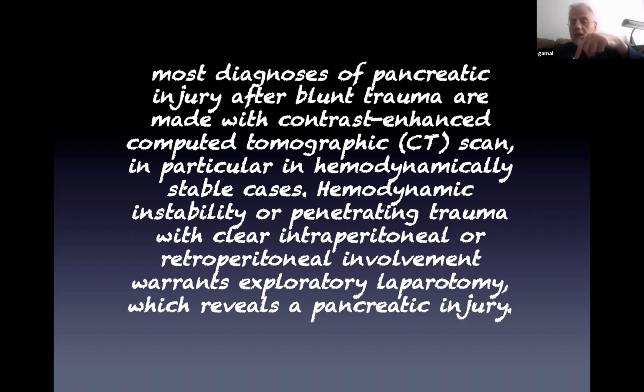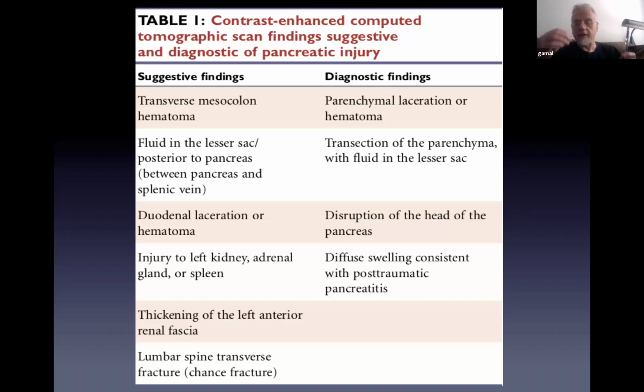Unstable patient and penetrating trauma, operating room. These are the two methods that we're going to use to make this diagnosis. As we talked with Omar, there's a table here with what we can see on a CAT scan to make the diagnosis. Look at the diagnostic findings. Forget the suggestives.